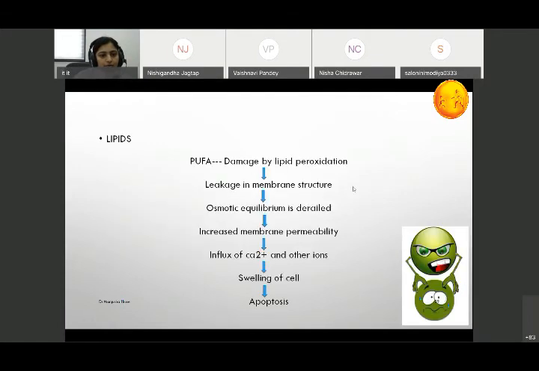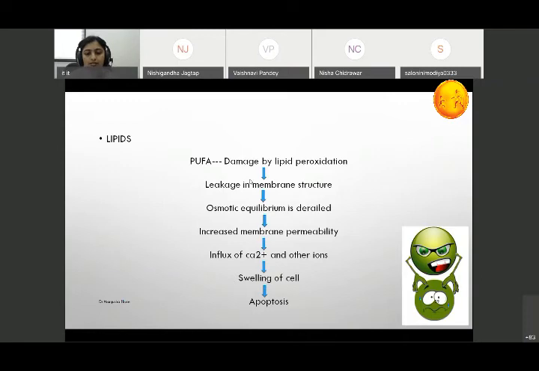Start with PUFA. In the lipids, when there is damage to the polyunsaturated fatty acid, lipid peroxidation is the process by which this damage occurs, and that will lead to leakage in the membrane structure, since the PUFA attacked are mainly from the cell membrane and plasma membrane. So there will be leakage.